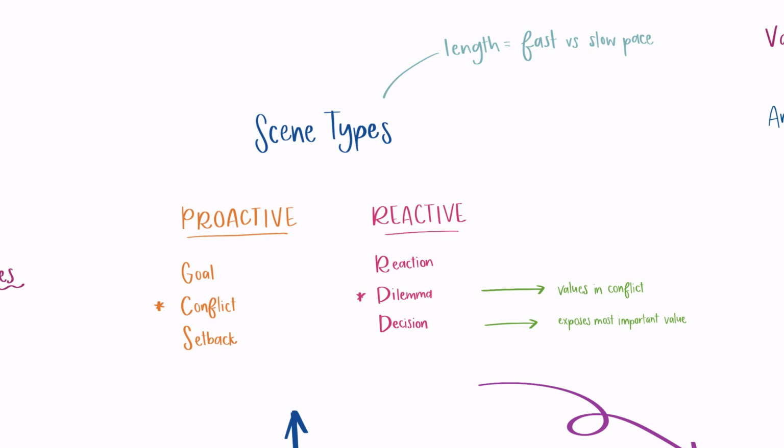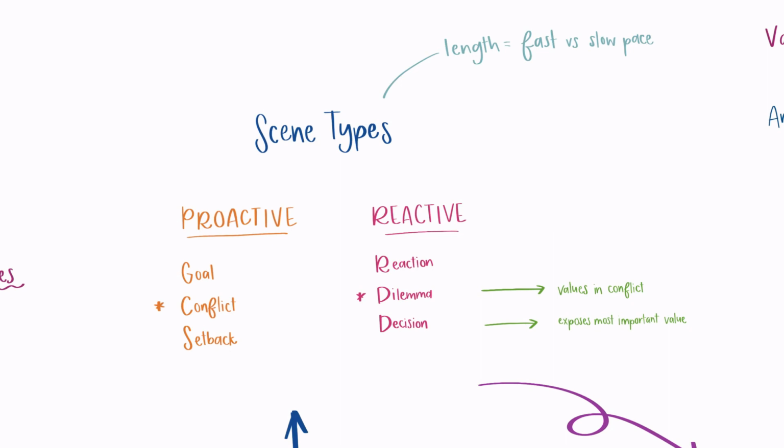Or if they go straight into a reactive scene, then they have this reaction to the conflict and the setback, where they're responding to it, it's kind of an emotional response. And then the majority of the reactive scene is about a dilemma where they're trying to work out what they should do next.